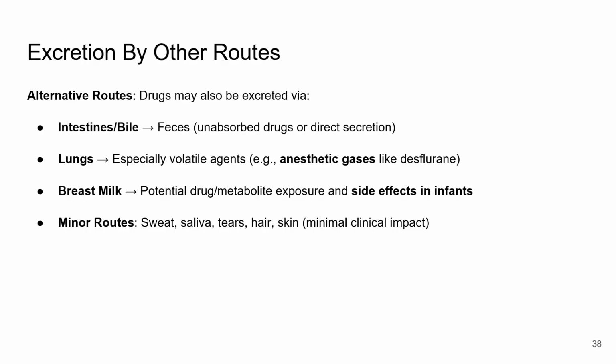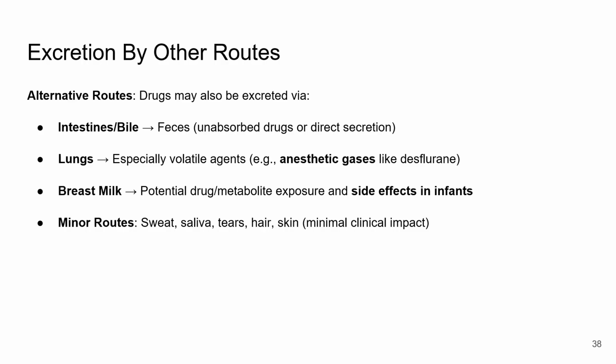So this might involve an unabsorbed drug, such as a medication that never got out of the GI tract, never fully entered the bloodstream, or drugs that are actively secreted into bile by the liver. So this pathway would be especially relevant for drugs with a significant hepatic metabolism factor.